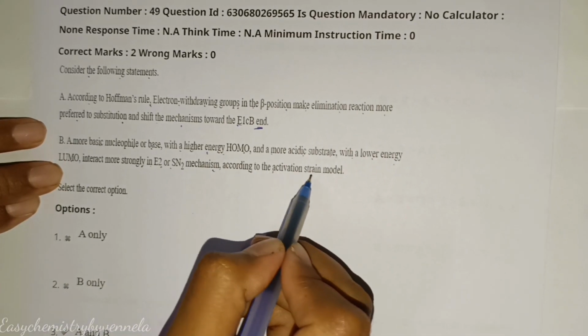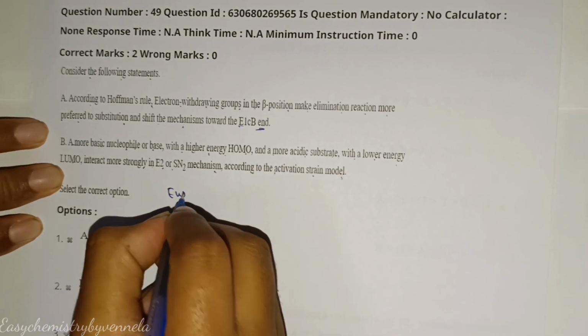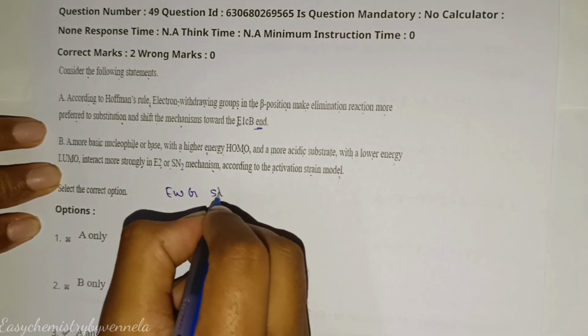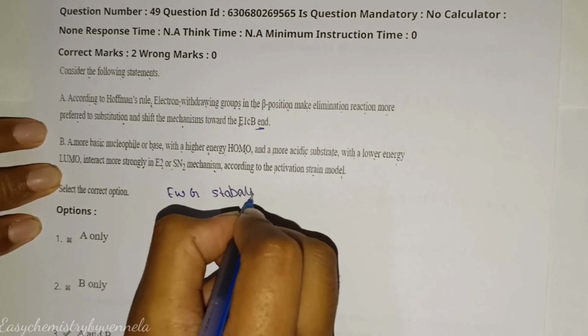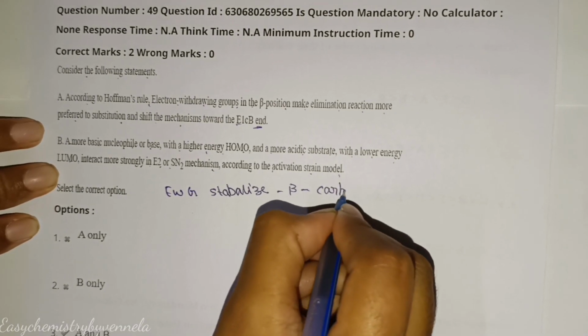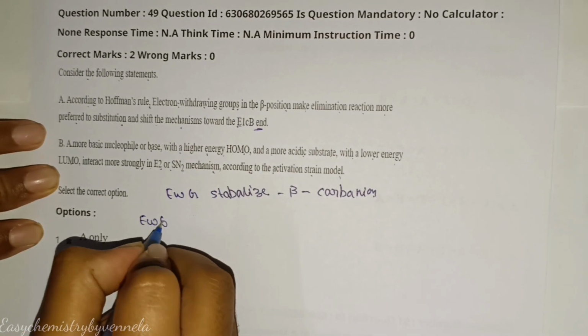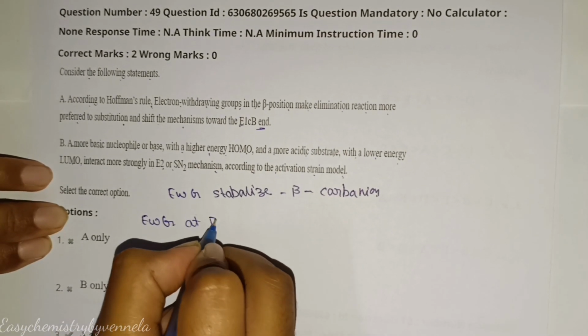According to this activation strain model, electron withdrawing group stabilizes the beta carbanion. EWG at beta carbon.